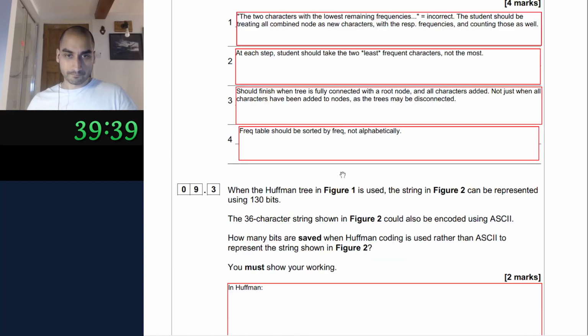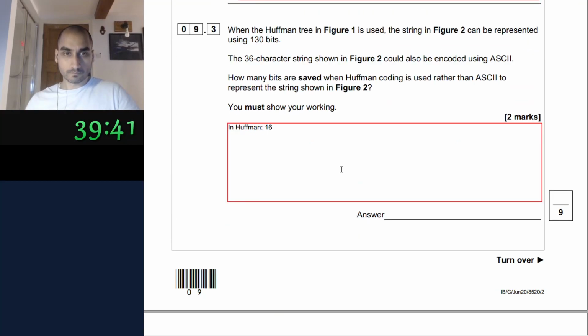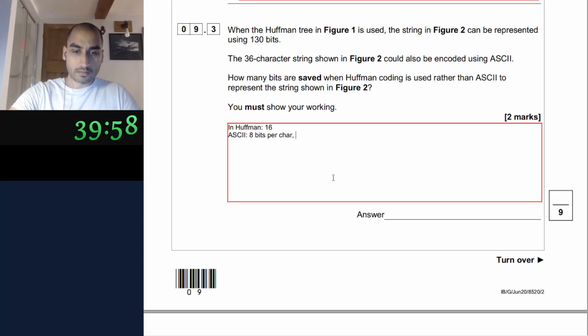Should I just, how much working do they want? I don't think much. Okay, ASCII. It will be 8 bits per character. So 8 times.